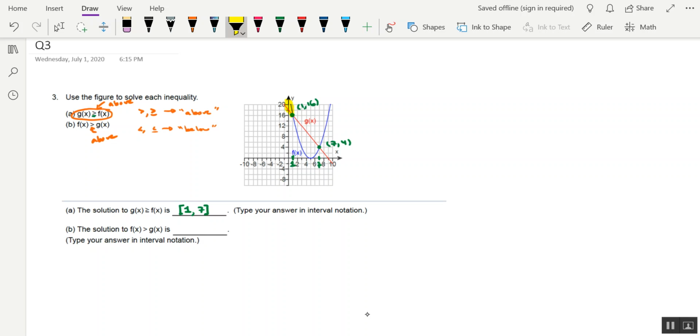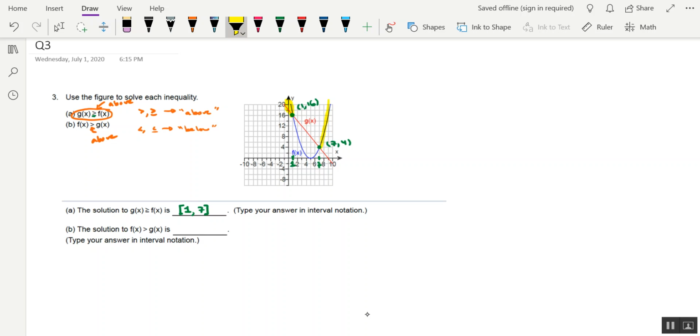And if you look at the point 7, 4, to the right of this point, we're also seeing the graph of f of x being above the graph of g of x. So those two parts of the graph of f of x are geometrically higher in the coordinate plane than those two parts of the graph of g of x.